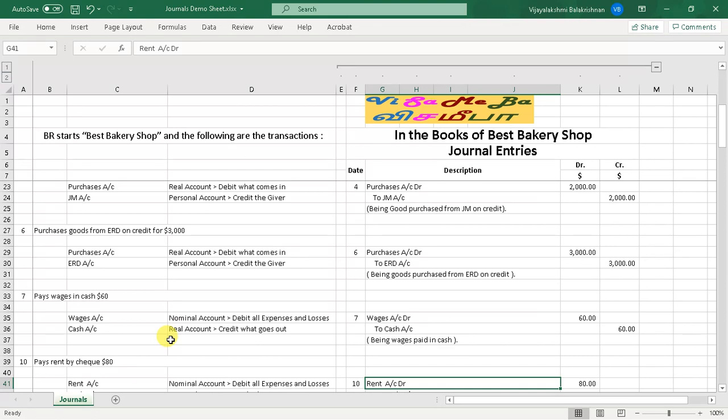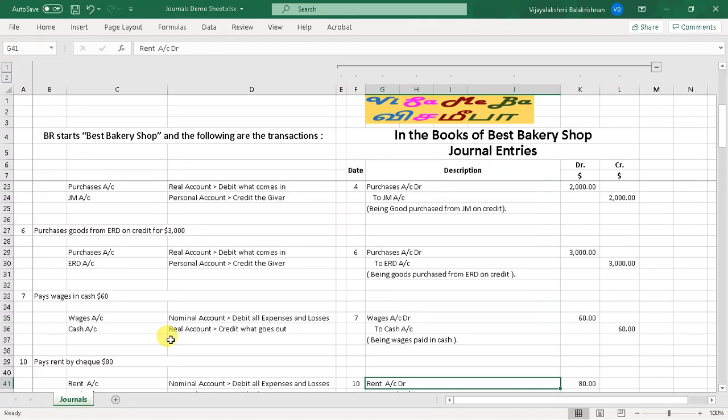The next transaction is pays rent by check, $80. Now the difference between the previous one and this one is the rent is paid by check. Rent being an expense account, which is a nominal account, debit all expenses and losses, and when it's paid by check, bank is involved.